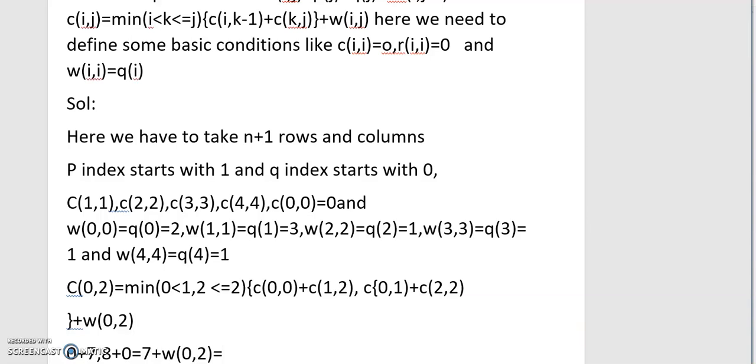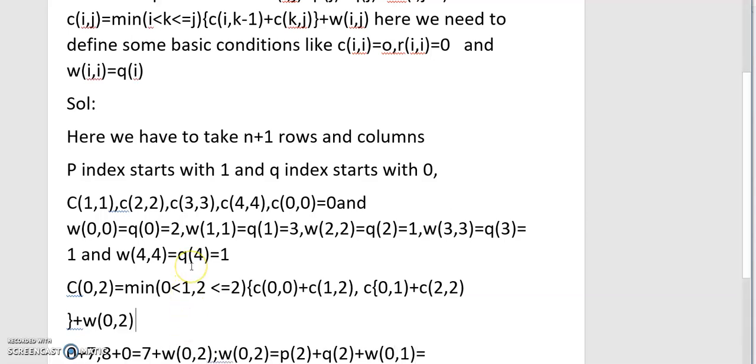Okay, now let's find W of 0 comma 2. W of 0 comma 2 is equal to P of J plus Q of J plus W of I comma J minus 1, that is W of 0 comma 1.